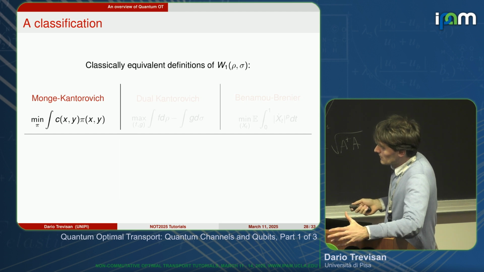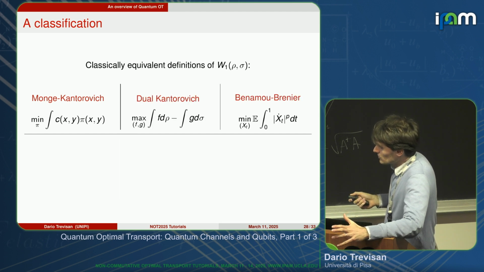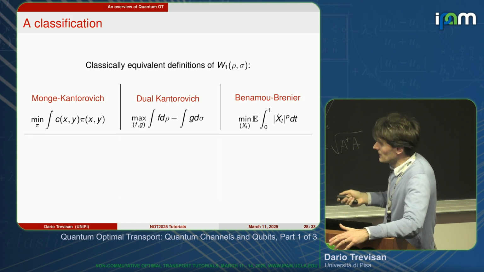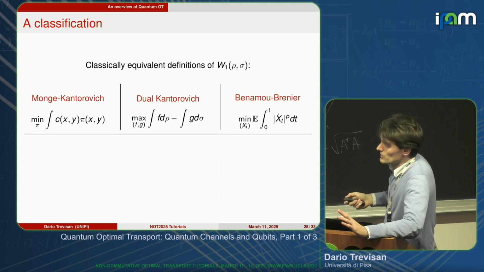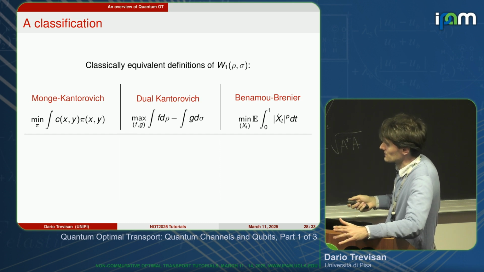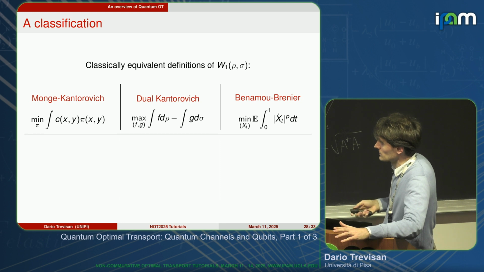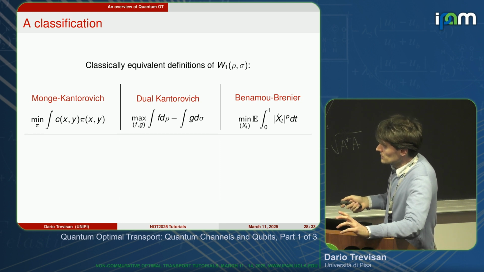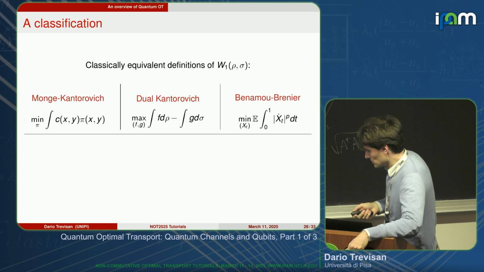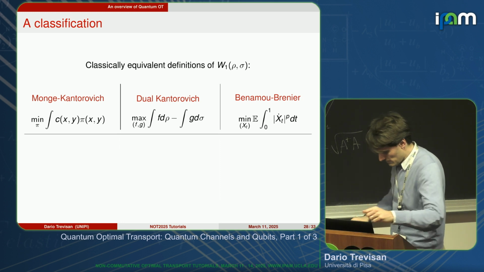There are many equivalent definitions, not only of Wasserstein 1 but of Wasserstein P. Classically, you have at least three points of view, which are all equivalent in the classical case under some minimal assumptions on the cost you are dealing with. These are the classical Monge approach, relaxed by Kantorovich into couplings. Then there is the dual point of view, from standard duality for linear programming.